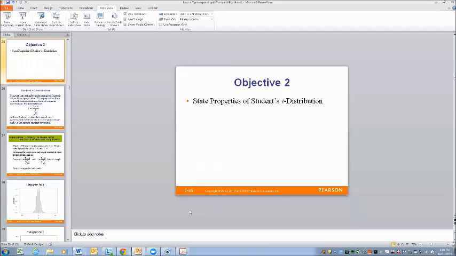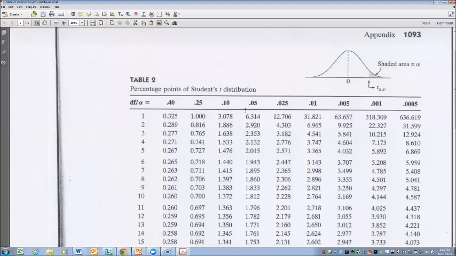Student's t-distribution is a distribution that looks much like the normal distribution, in that it is bell-shaped. The difference is that it's a little fatter in the tails. There's a little more going on away from the center of the distribution than there was in the normal. And we'll look at some examples here in the coming slides.